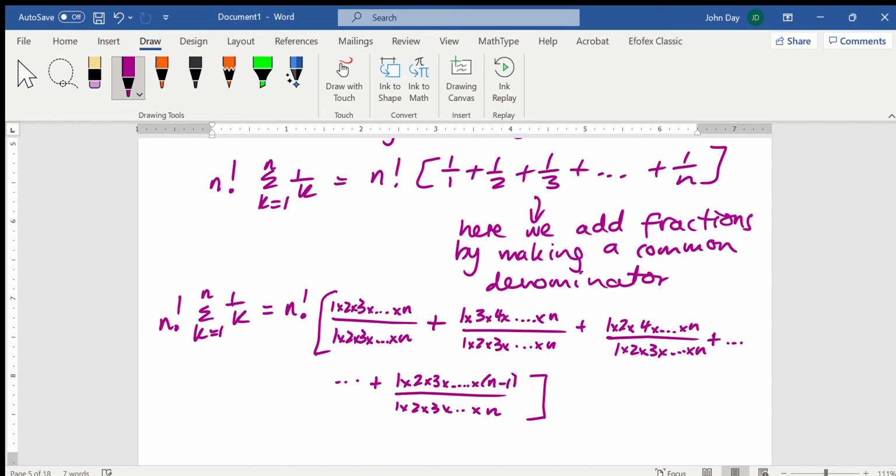So all I did was write those fractions in the square brackets at the top there with a common denominator. It's not the lowest common denominator, it's a common denominator, right? Which happens to be n factorial.